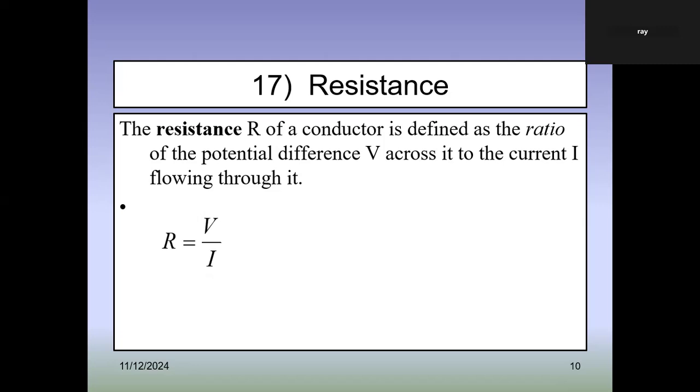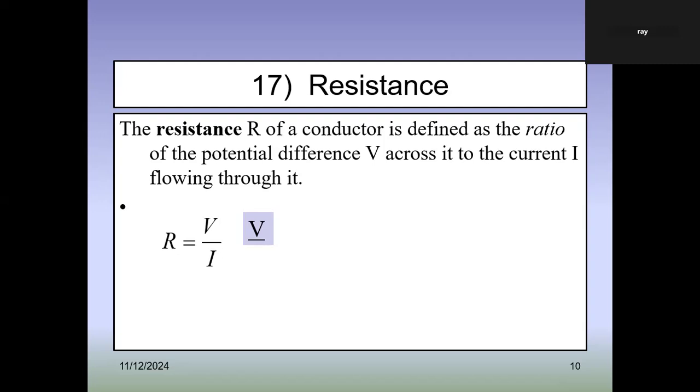This is a definition for resistance. Because P over I square R is a derived formula. V equals IR. Okay, you can use that. It's the same. You just cross multiply the I, that's all.